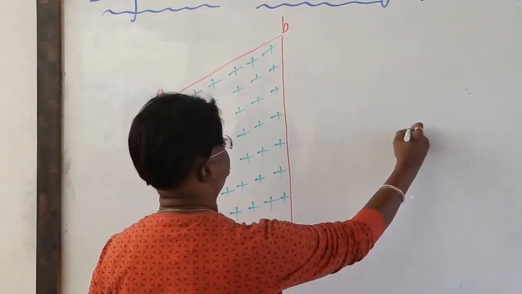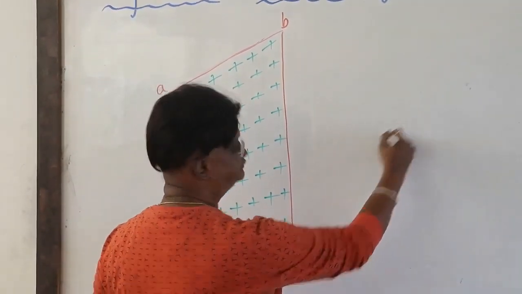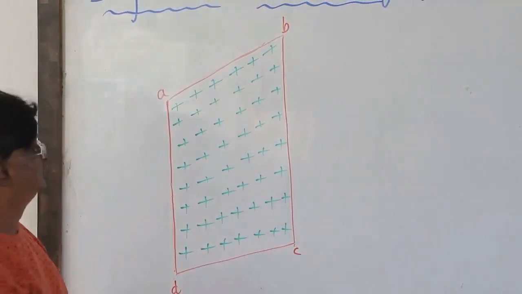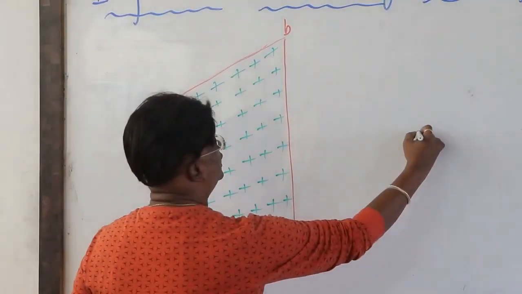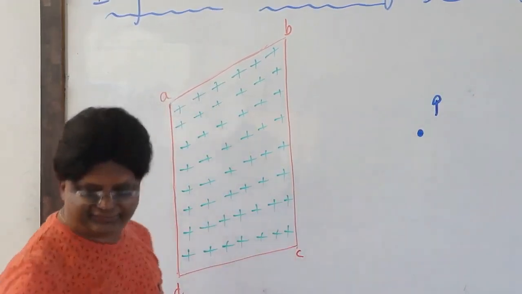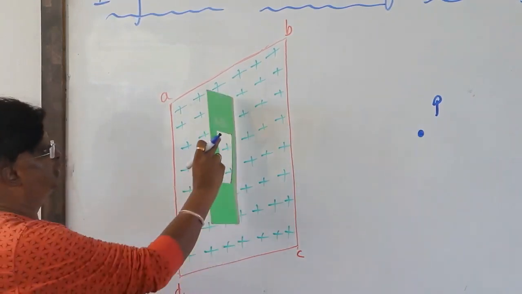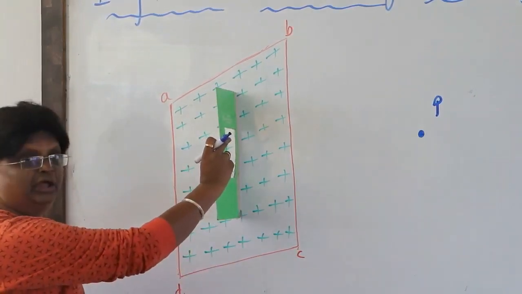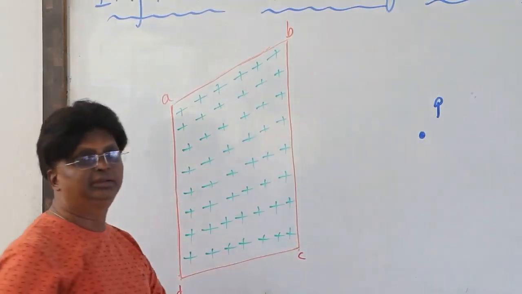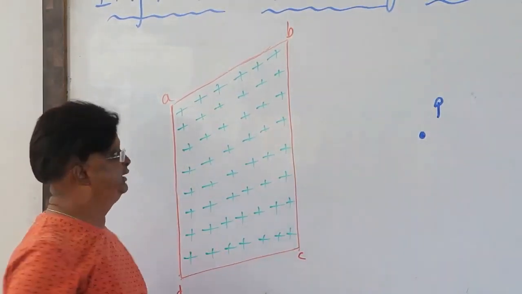This is point P, which is at a distance R. This is the distance I am taking, right? So this orientation and picture is very important, right?